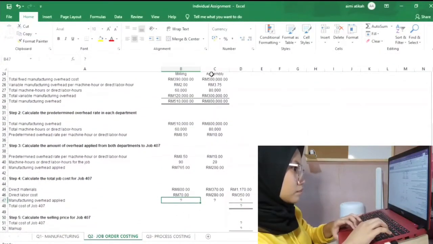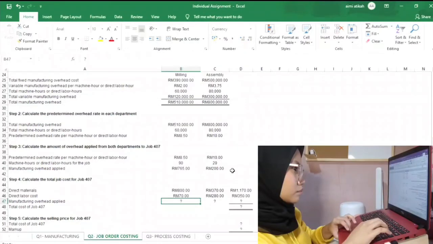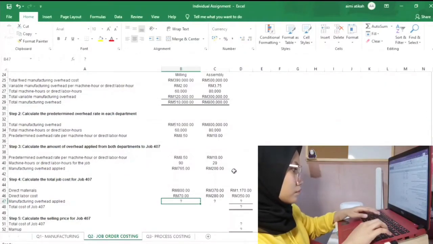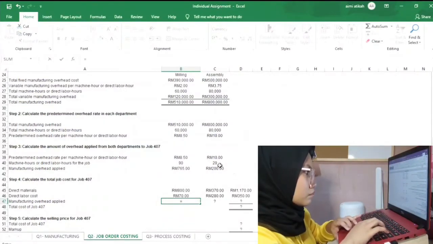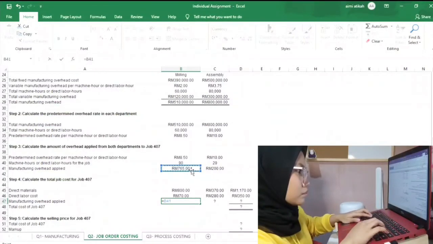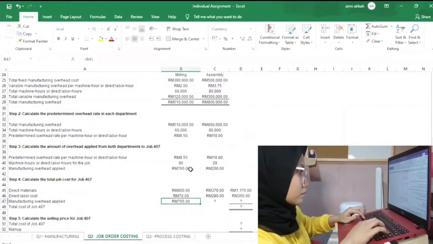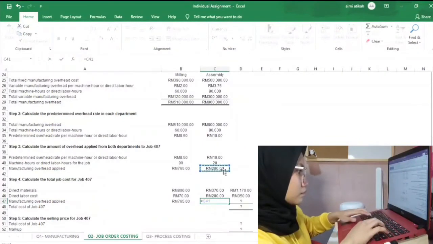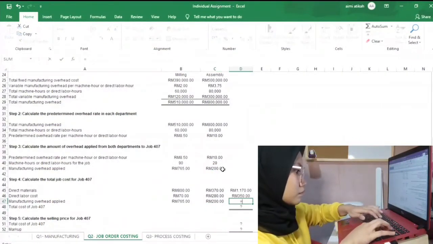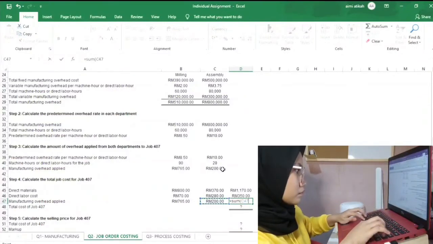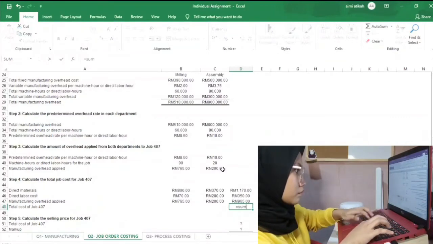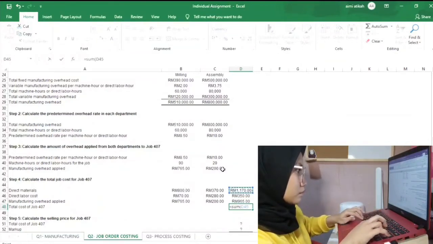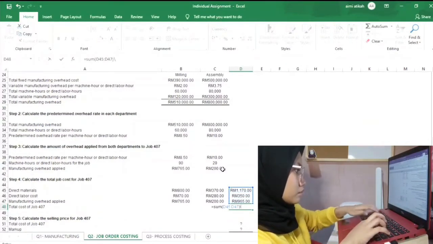Manufacturing overhead applied for milling and for assembly, and I will sum both of them. And then the total of direct material, direct labor cost, and manufacturing overhead, I will sum all of it to get the total cost of job 407.